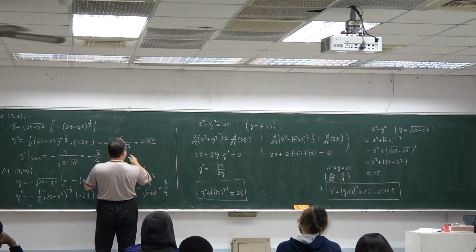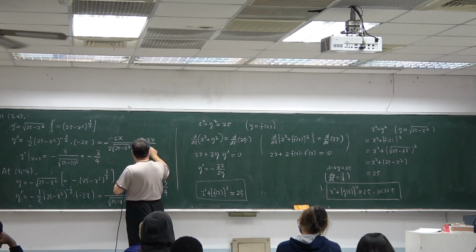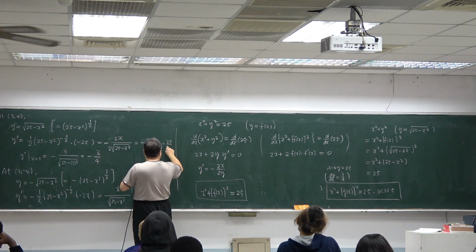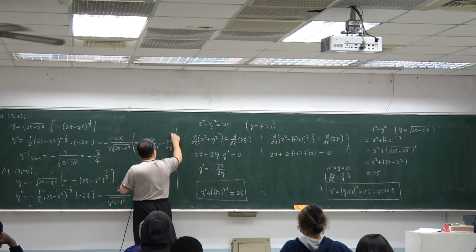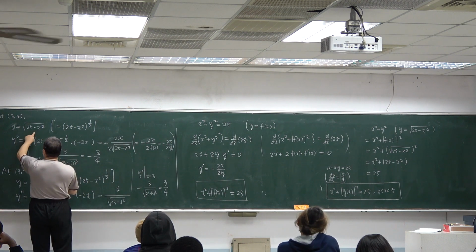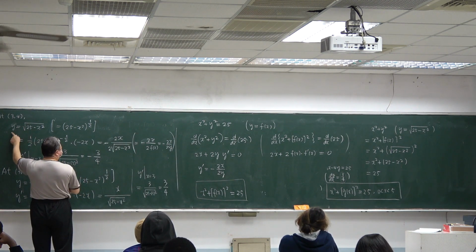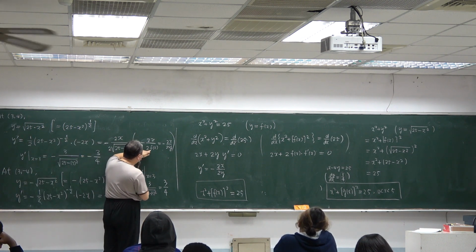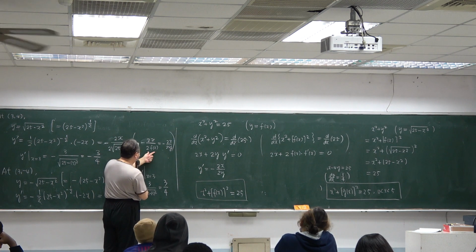Because in this case, this is y. In this case, we consider this function. So this is exactly 2x over 2 times f(x), that is 2y.